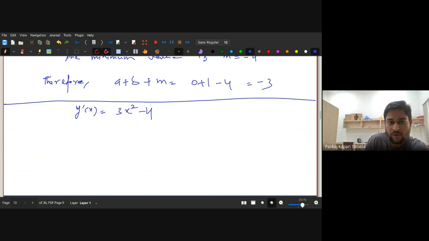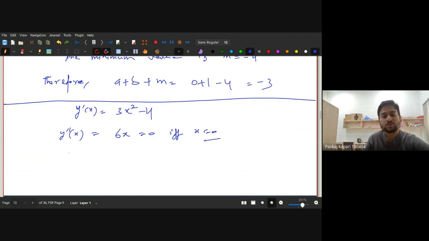And we have to find the minima of this given equation. So we have to find its derivative and check where the derivative becomes 0. So what is the derivative? Derivative is 6x. And this is 0 if and only if x equal to 0. So x equal to 0 is a critical point.